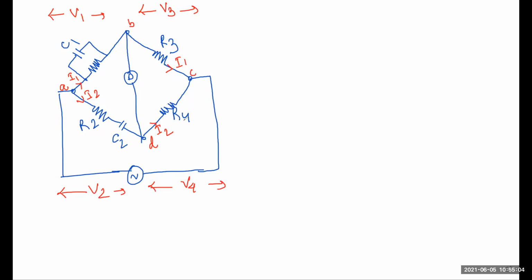Okay, now let us see the coupling portion here. From this resistance to this resistance, a mechanical coupling is being done here between these two. This we call as mechanical coupling.